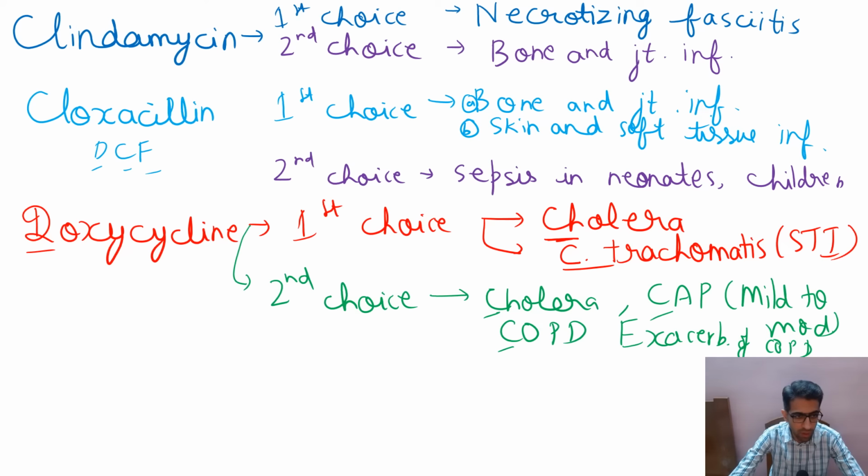Then moving on to gentamicin, which is again an aminoglycoside. First choice, very important in acute bacterial meningitis in neonates.